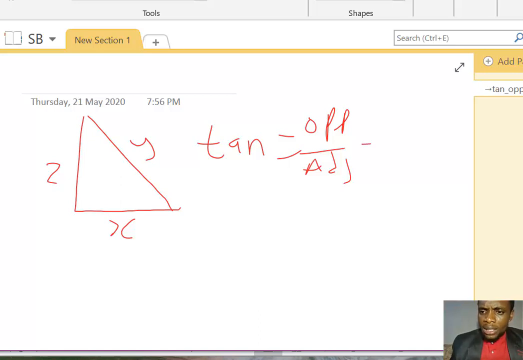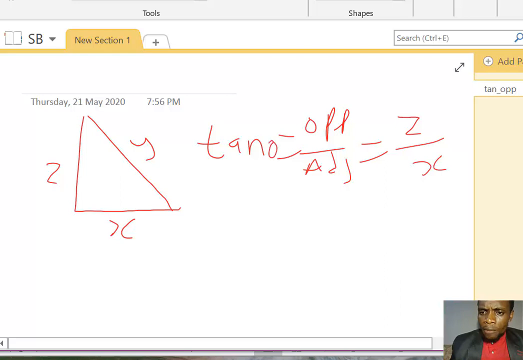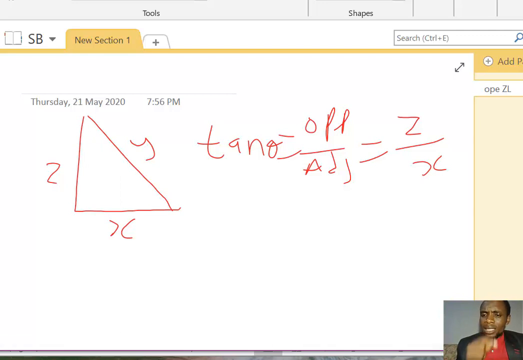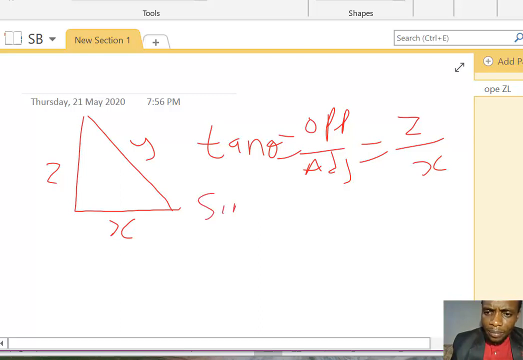Opposite is going to be Z, and adjacent is X. So meaning we're going to have tan theta to be Z over X. Now this statement said sine theta over cos theta is tan theta. So let's prove it. So sine theta over cos theta.